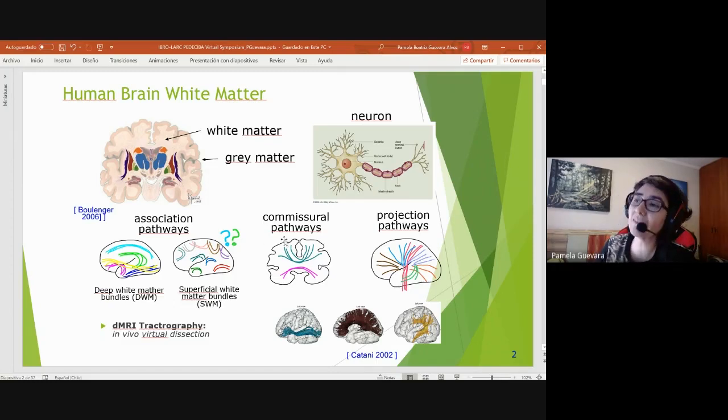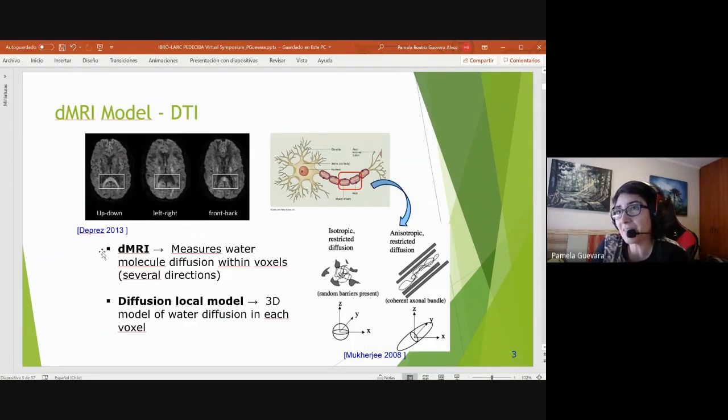And also there are the commissural pathways and the projection pathways, but I will talk to you mostly about association pathways.